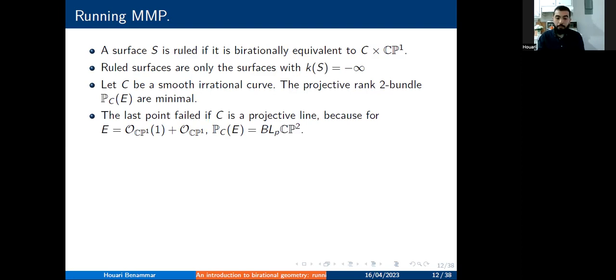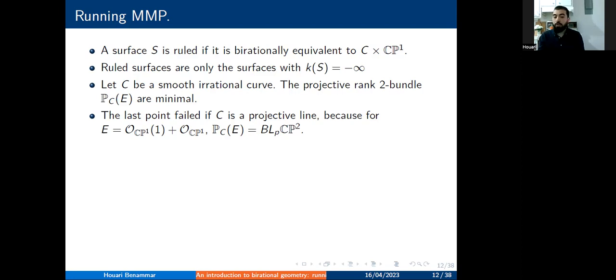And the last point: if C is the projective line, I can give you a counterexample. If E is O(1) plus the trivial bundle, we take the projectivization of this. The projectivization is identified with the blow-up of CP2 at a point.